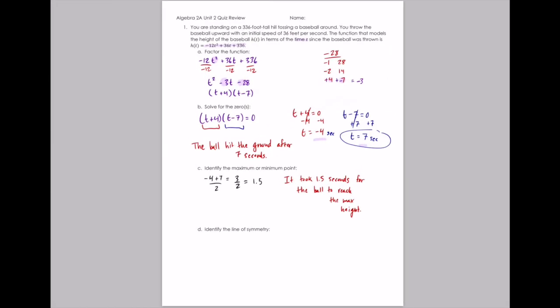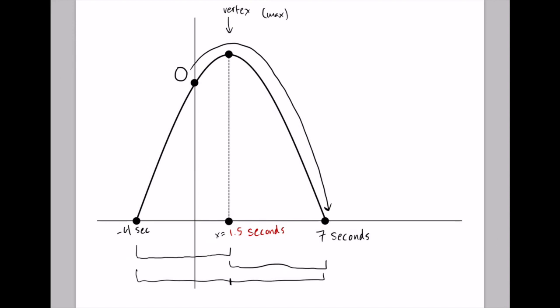Okay, so we know how long it took to reach this middle point. What we don't know right now is what this maximum height is. What is the height at this point? In order to figure that out, we're going to have to plug in the number of seconds into our function to get us the height.